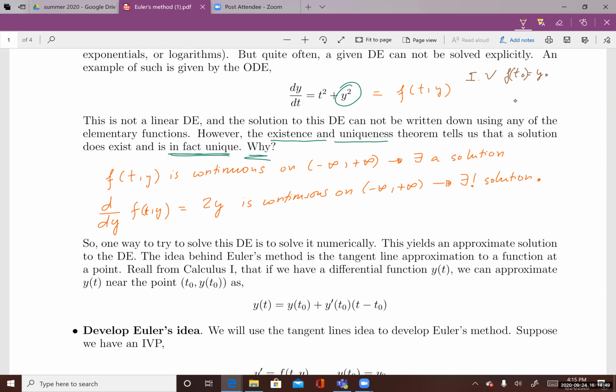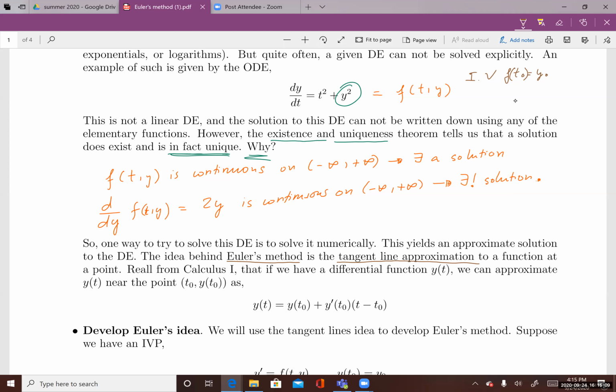And then the idea behind Euler's method is to use the tangent line approximation. A tangent line approximation is a line where we use a derivative and a point in order to approximate a point. This is one concept that we learn in Calculus 1.